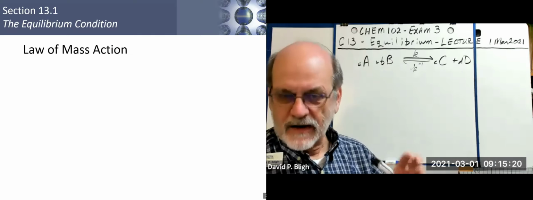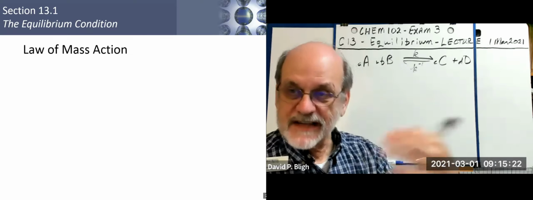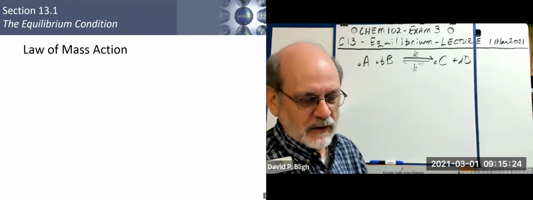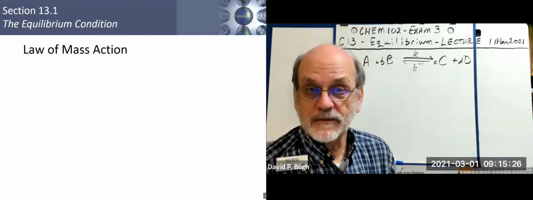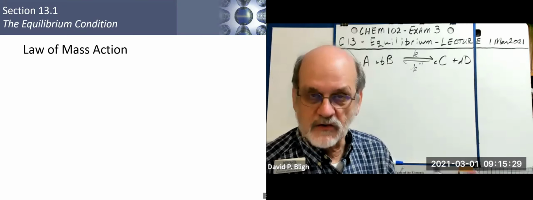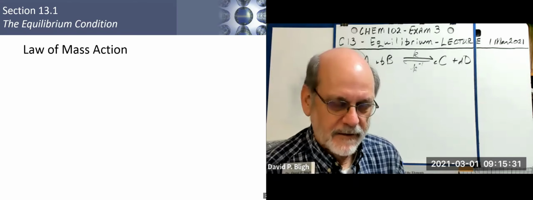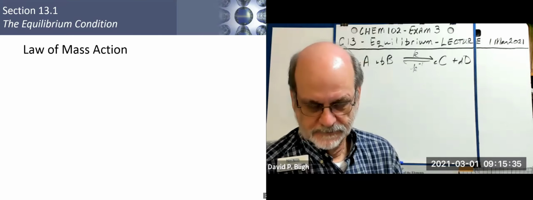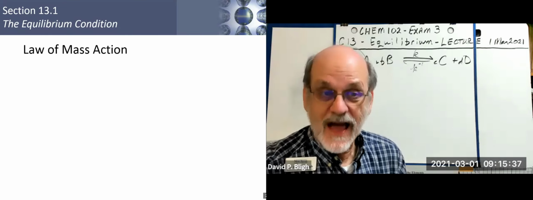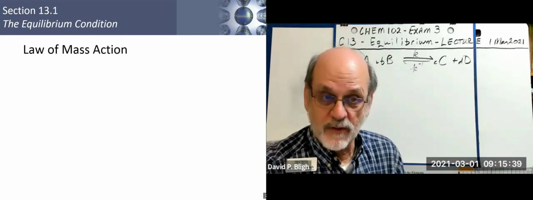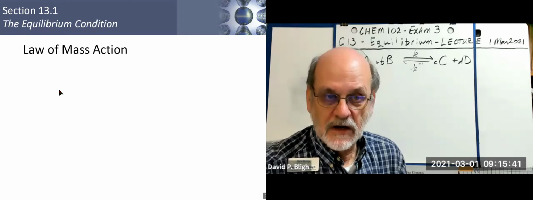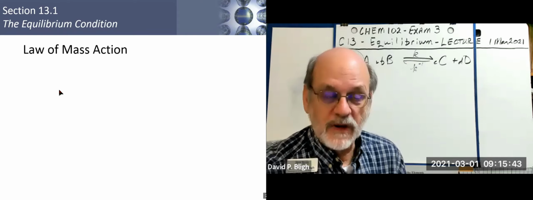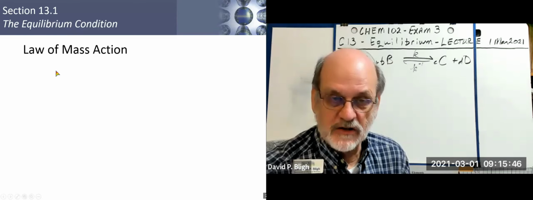Okay, now that's a qualitative description of equilibrium, with reference to quantitative issues like reaction rates and laws of kinetics. But there is actually a calculation that can be performed concerning equilibrium, and it's called the law of mass action.